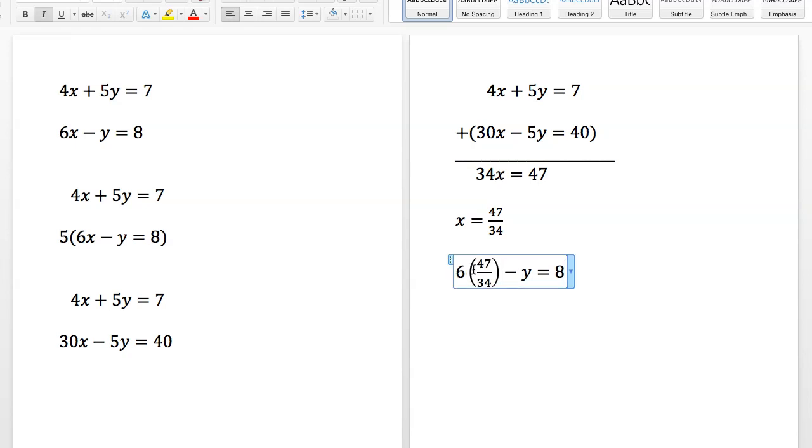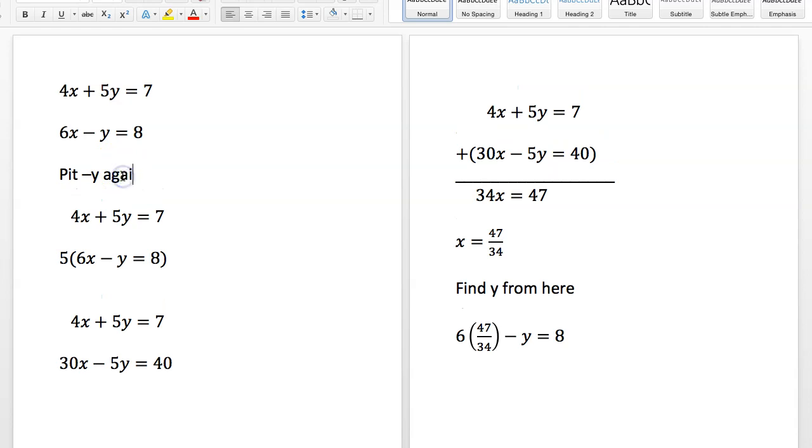Okay. Well, that's all well and good. So we find y from here is what we're doing. If I explain the process, I'm pitting negative y against 5y. And that's what we just did, to cancel y and find x.